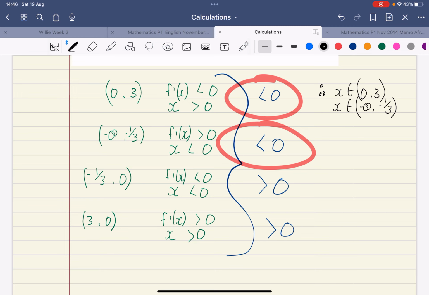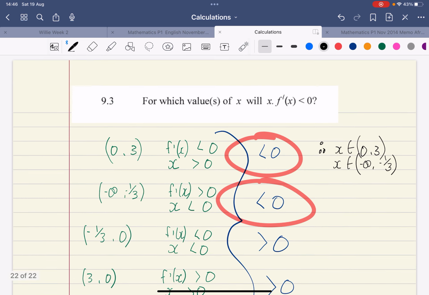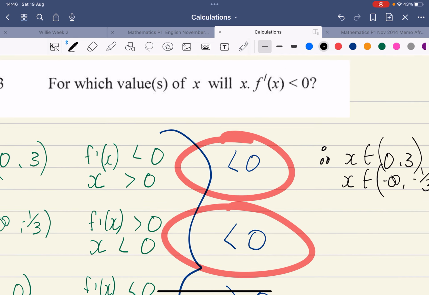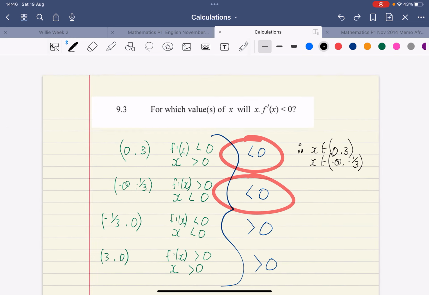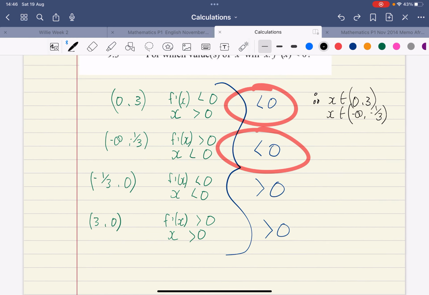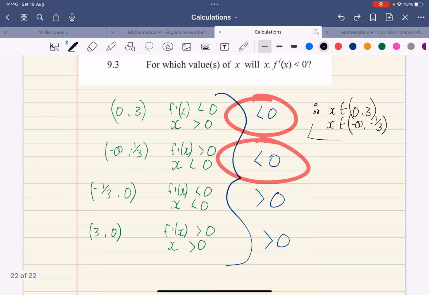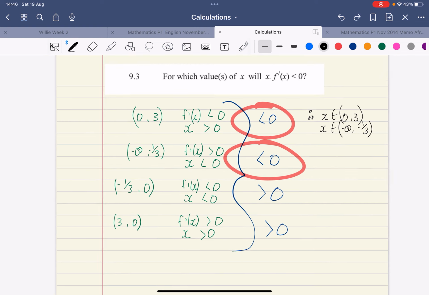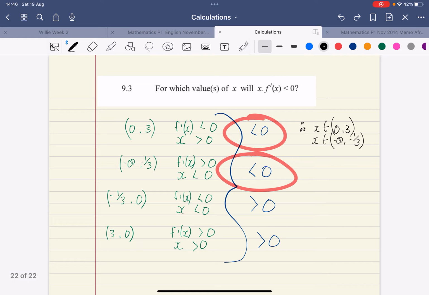And it's not square brackets, because if it was square, the derivative would be 0, and 0 times anything will be 0. And they don't have a smaller or equal to 0 here. They have a smaller than sign. So we don't include square brackets. And that is our answer. This over here is the answer that they wanted. And that is the problem solved.